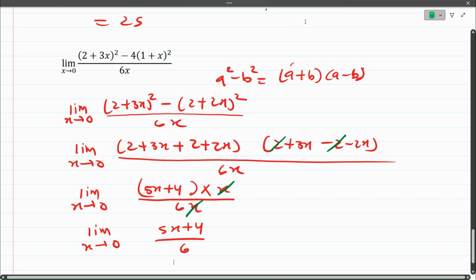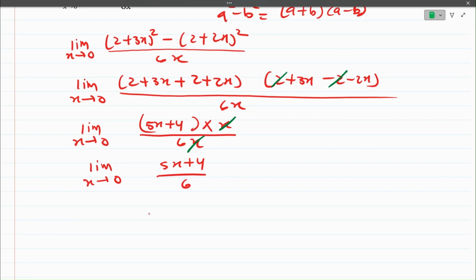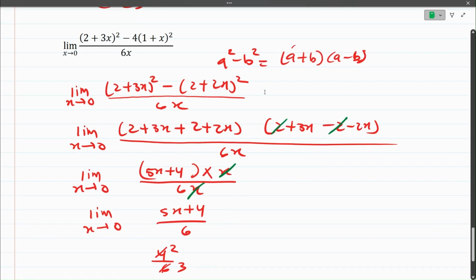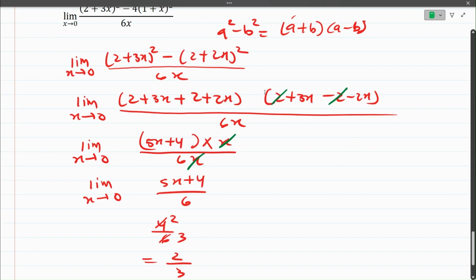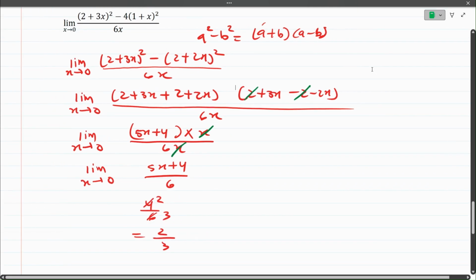And here we can substitute x with 0, we get 4 over 6, which is 2 over 3. This is how, by using the factorization method, we can solve the problems of limits.